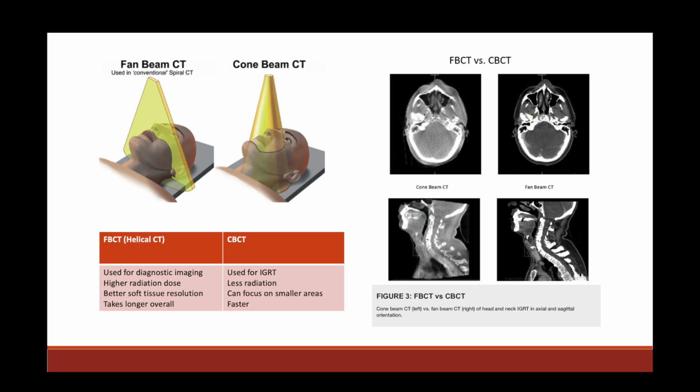But if you look side to side, comparing the fan beam CT versus the cone beam CT, the fan beam CT sometimes is easier to clearly see structures, but cone beam CT is good enough for our radiation purposes to line up to the correct organ and make sure that the dose is going exactly where we want it to go. So those are just some examples of onboard imaging that we can obtain for IGRT.